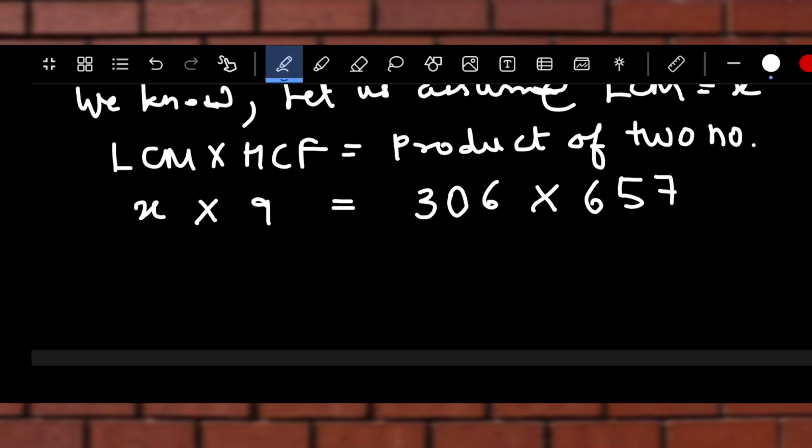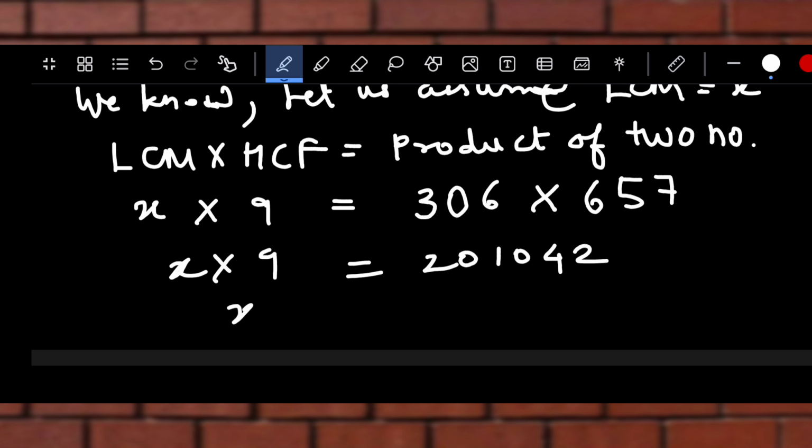So we'll get 201042. When you multiply these numbers, please check whether this number is correct or not. X into 9 is 201042.